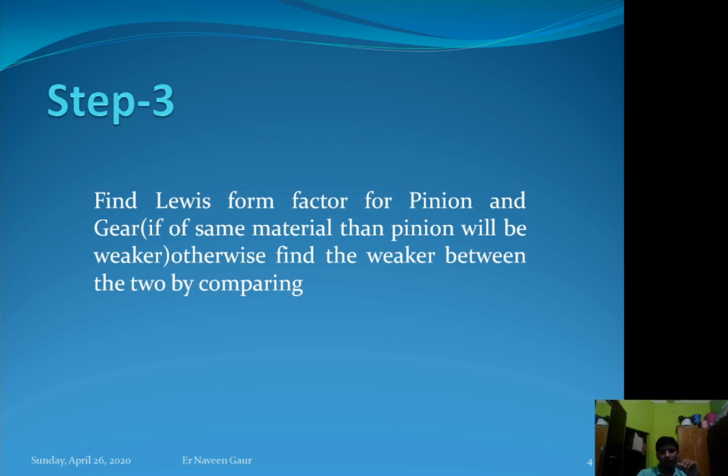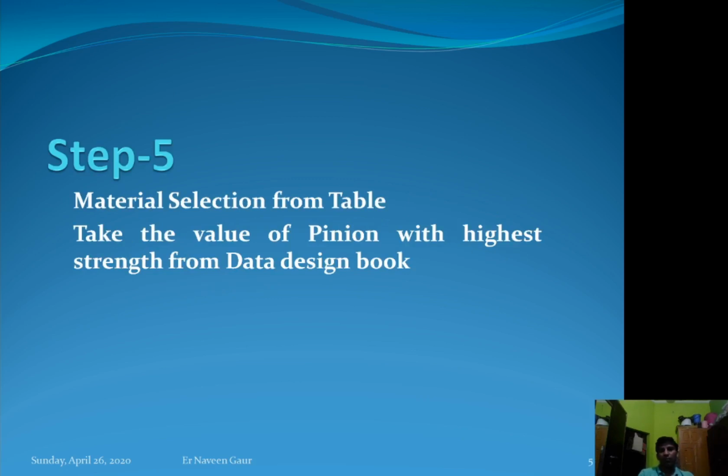Okay. So step number 5, material selection from table. If the material of the gear is not mentioned, then we have to select a suitable material for the gear from the design data book, where a table is also provided.